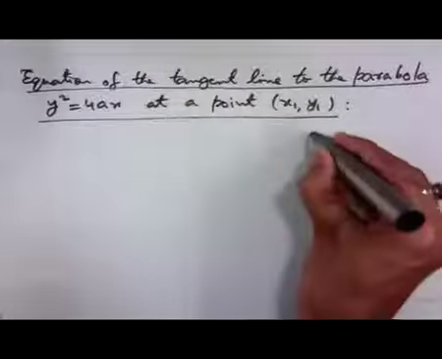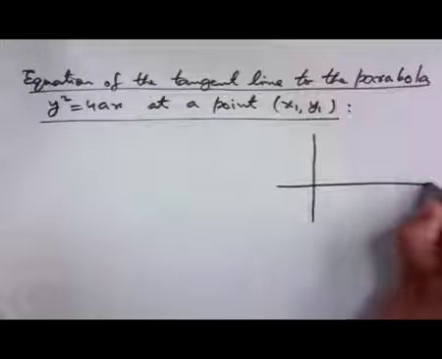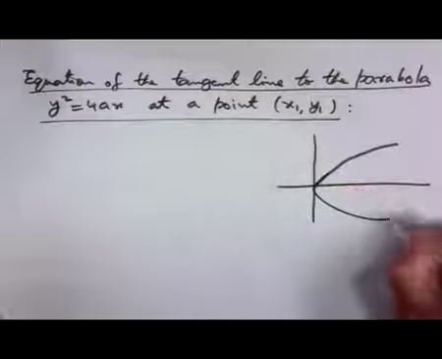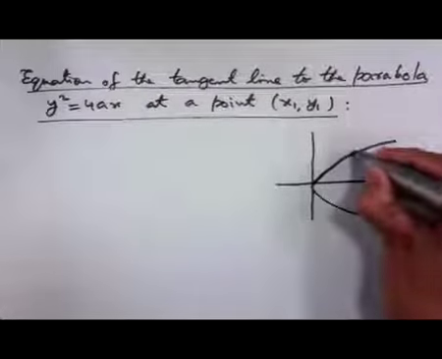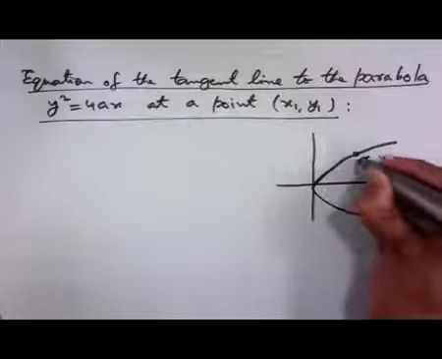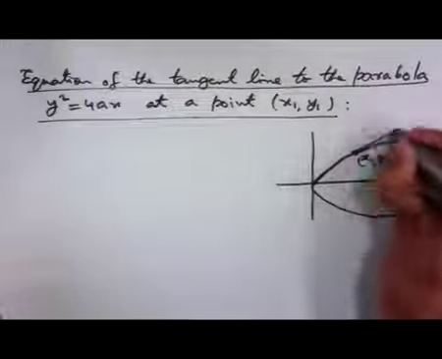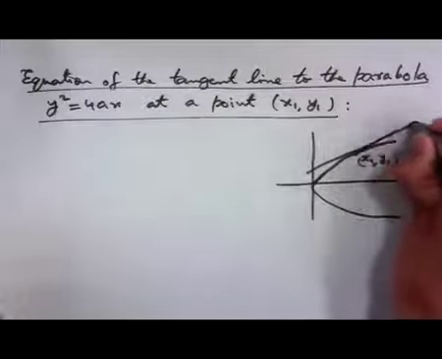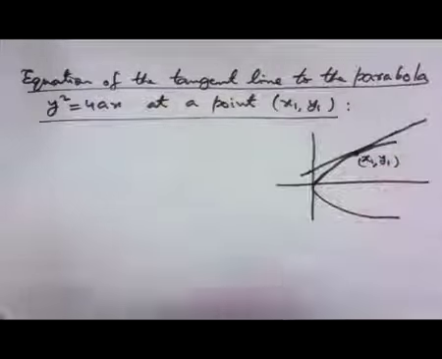So, let us take a parabola and suppose x 1 y 1 is some point on the parabola. We want to find the equation of this tangent line at this point x 1 y 1.